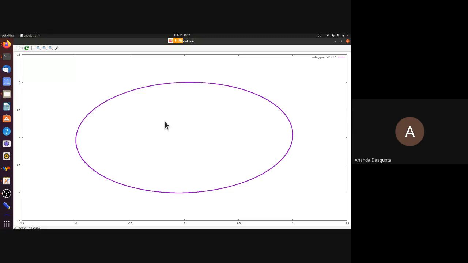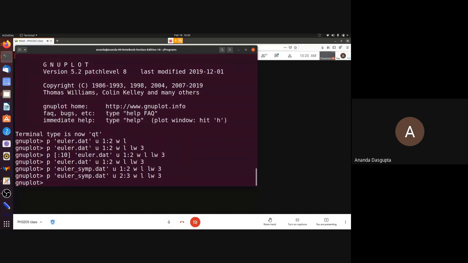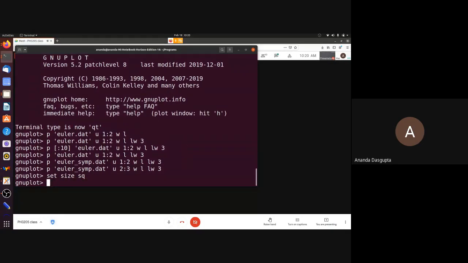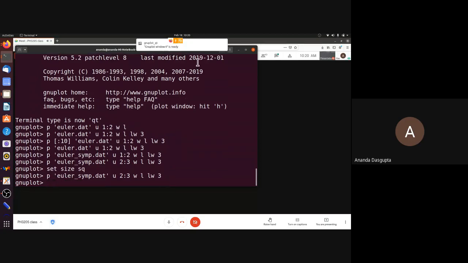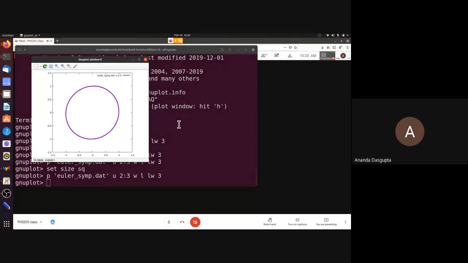If I had instead just used set size square and then plotted it, then it looks like what it really looks like in this piece of code.